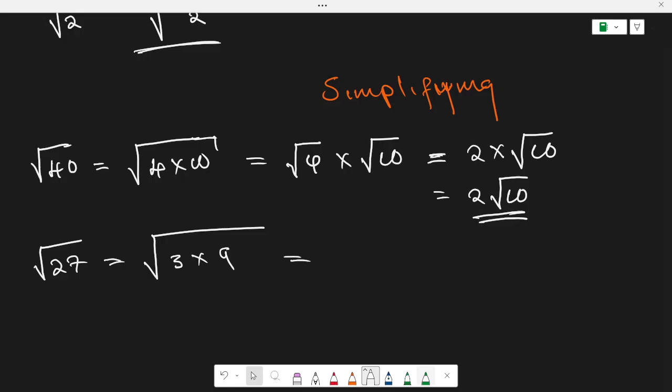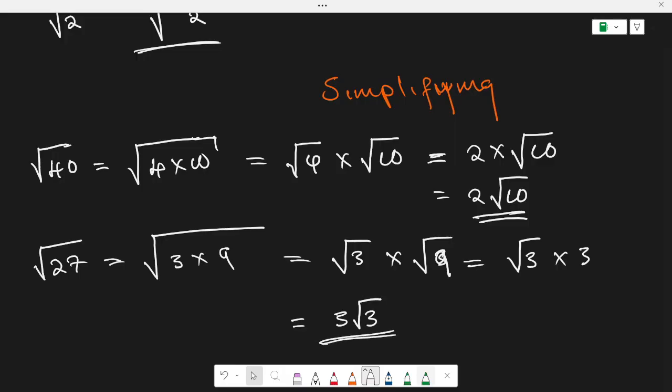Then we can have root 3 times root 9, where we have root 3, and we know that root 9 is equal to 3, and we can write this like 3 root 3 as your answer. So that's how you can simplify surds.